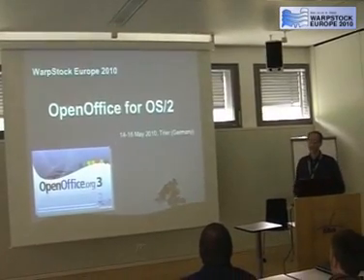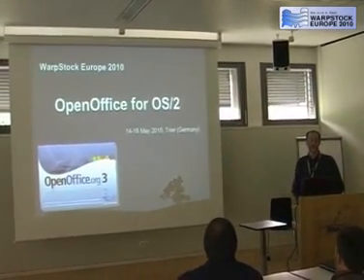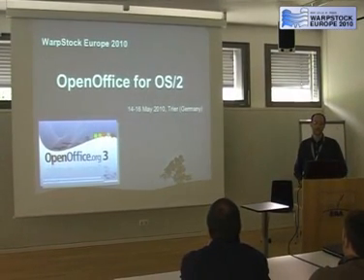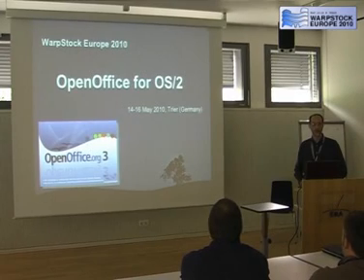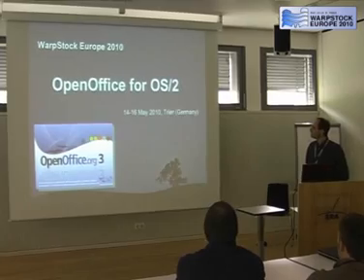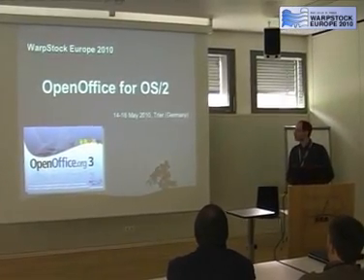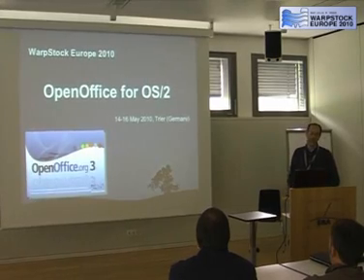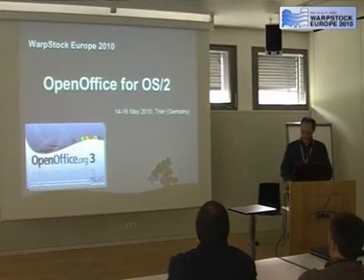So it will be a presentation of the history of StarOffice and OpenOffice. It will show you how OpenOffice is working, how it is written at the source code level, how you can extend OpenOffice, okay. And then I will show you some features and the missing features of OpenOffice.